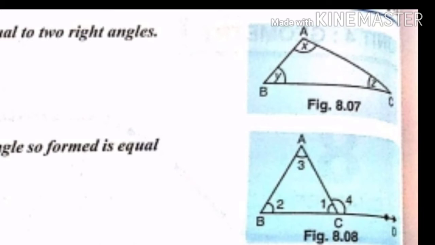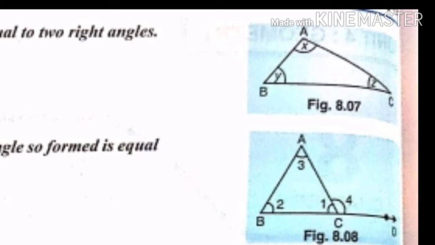So you have to remember that the exterior angle is always greater than the other two interior opposite angles. This exterior angle property and angle sum property you have to remember for a long time, which we are going to use in many solutions of our maths.